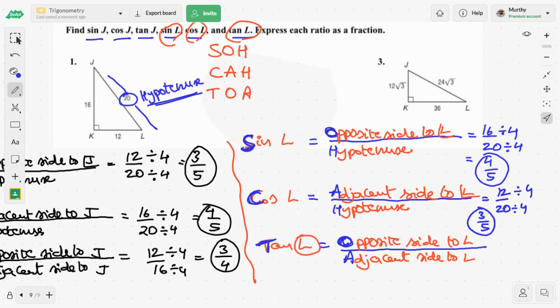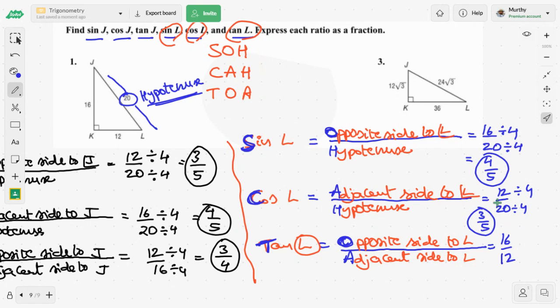And coming to the last one, tan L. So here, opposite to L, you have to identify. I personally consider that every question, every ratio is a new one. That's how I see it. And opposite is 16 units, and adjacent, let me identify what is adjacent to L. You see that that is 12 units.